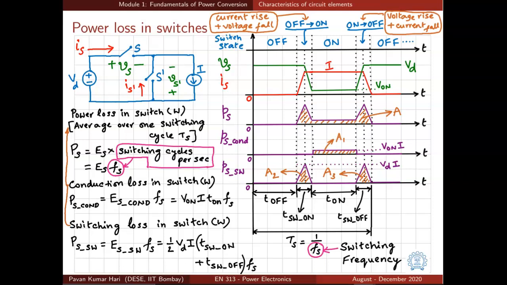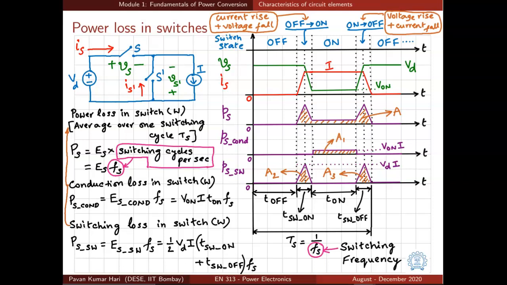So the conduction loss in a switch is a function of the current flowing through the switch and the duty ratio of the switch. Let us take a look at the second component of loss, that is the switching loss. The switching loss is a function of the off state blocking voltage and the on state current, the turn on and turn off transition times, and the switching frequency. The off state blocking voltage and the on state current are decided by the remaining circuit elements.